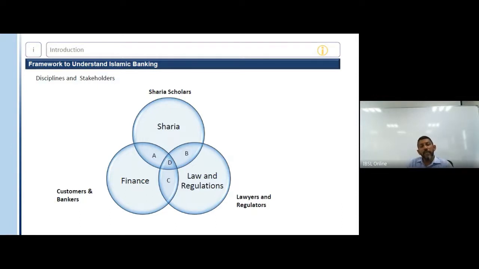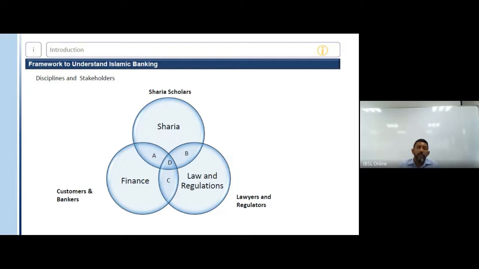If Islamic financial institutions operate in quadrant A, where the requirements of Sharia are fulfilled and the customer requirements are fulfilled, but they don't comply with the laws and regulations of the country, such a proposition is not sustainable in the long term. That kind of effort will fail in the short term.